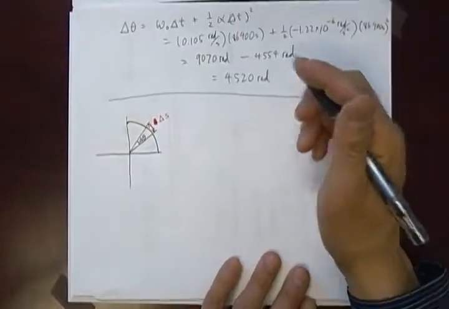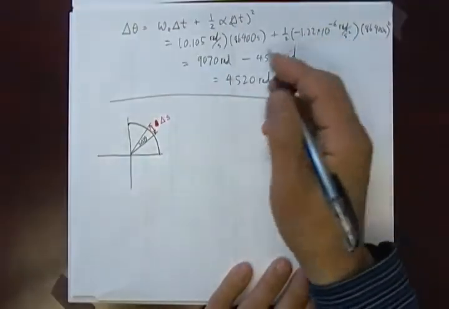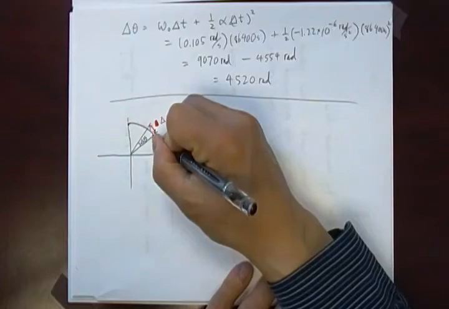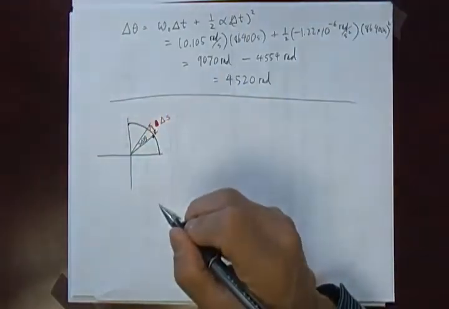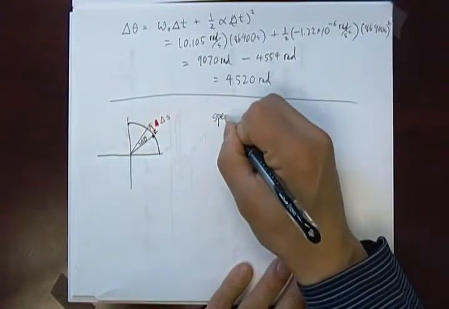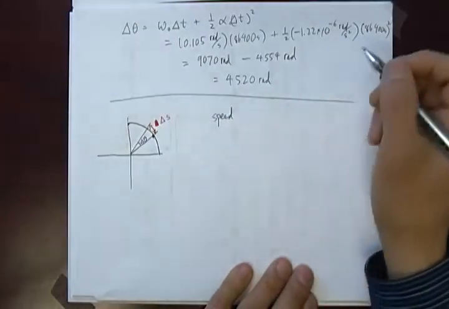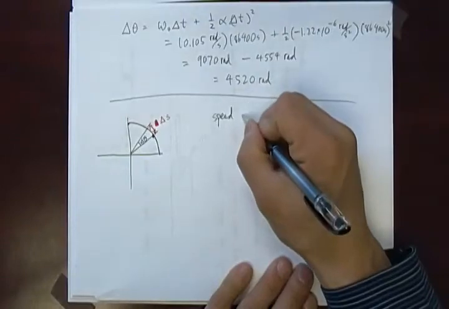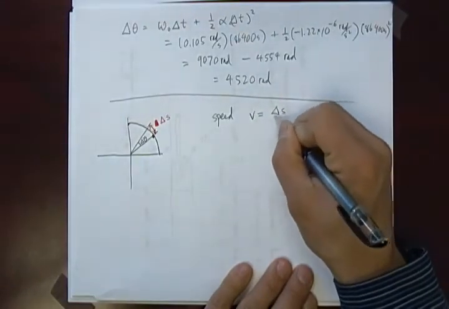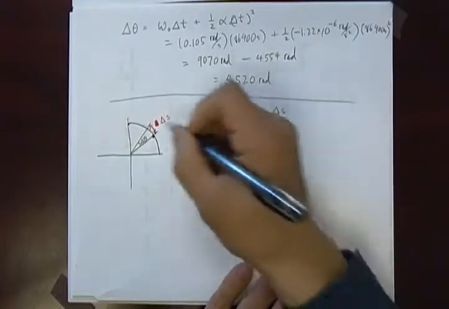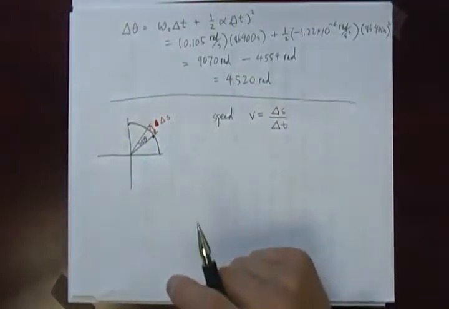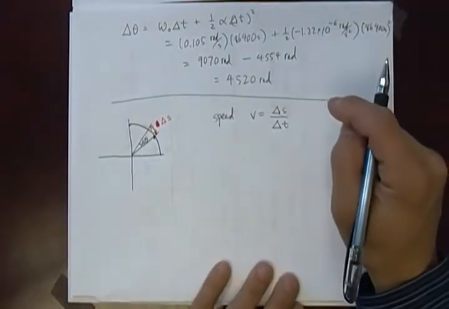If I have some time interval delta t and the object goes from here over to there, then the speed, which is the magnitude of the velocity, v, is equal to delta s over delta t. That's how far it goes, and that's the time. You divide the two and you get the speed.